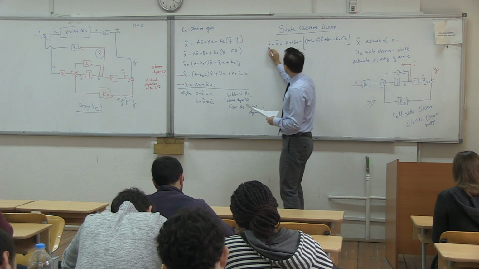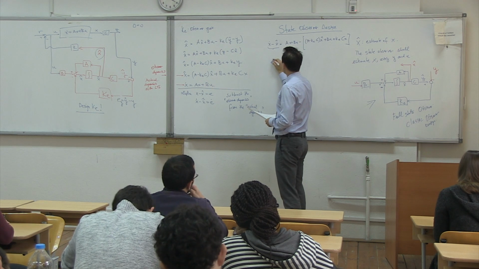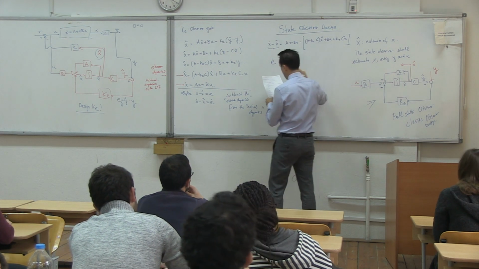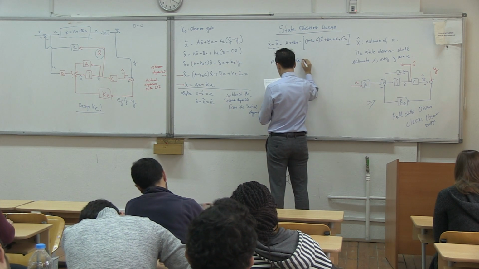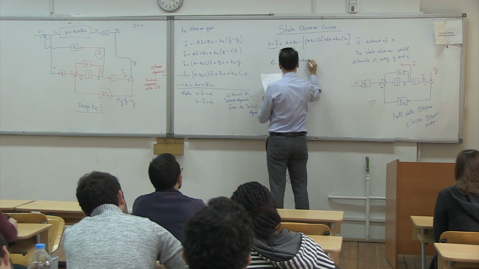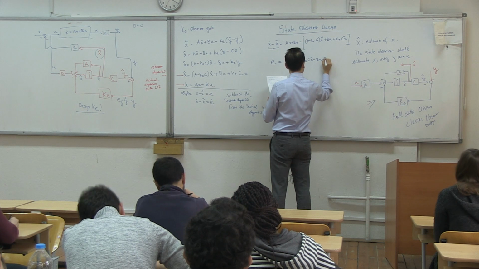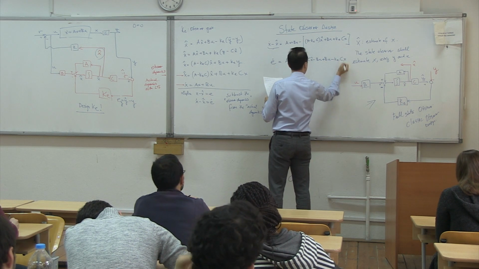So it will be E dot is equal to, let's write this, ax minus ax hat plus ke times cx hat minus bu plus bu minus ke cx.